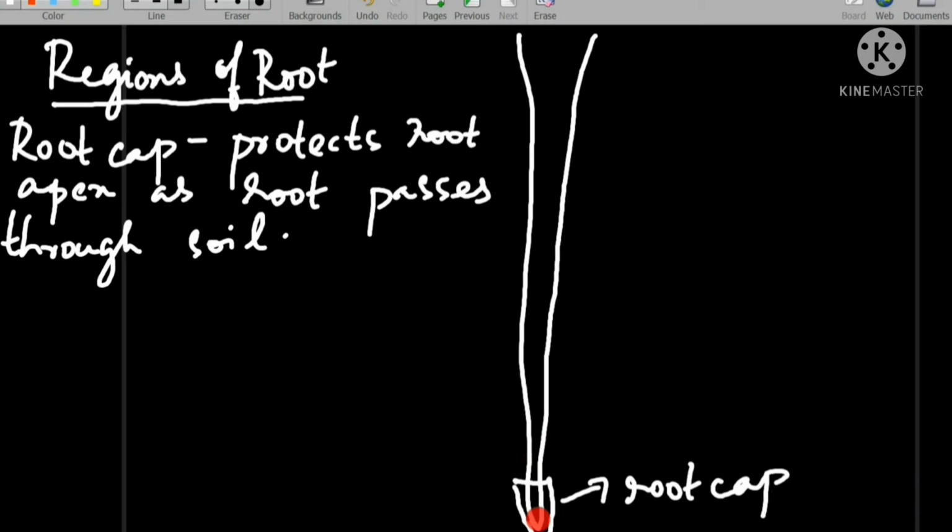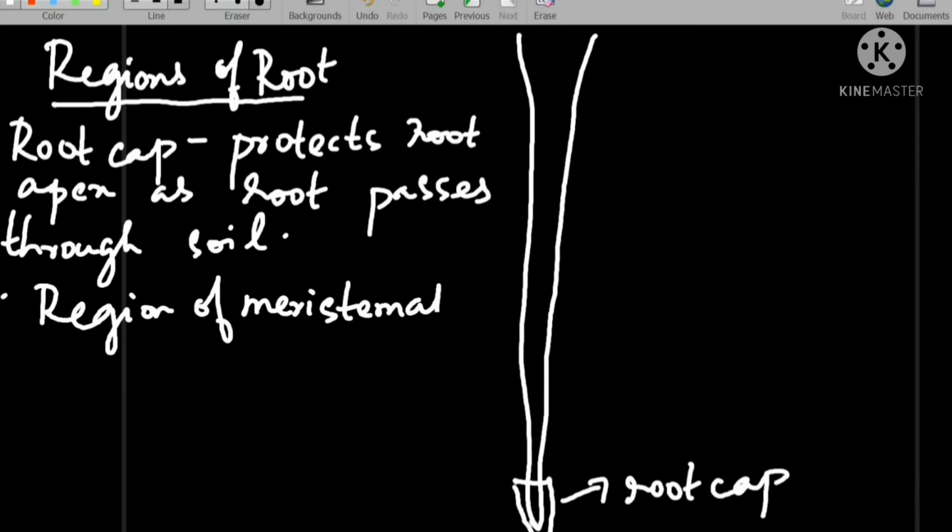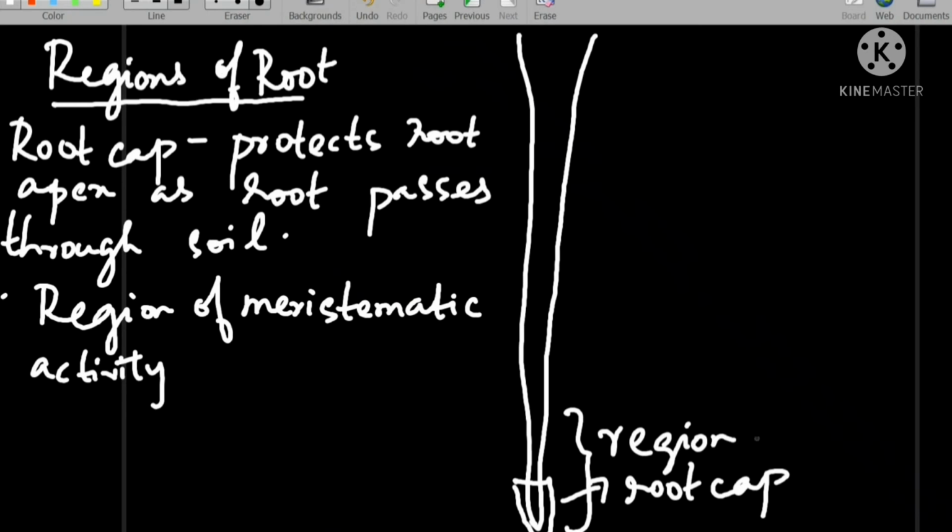So the meristematic tissue contains cells that divide. So the first region is the region of meristematic activity.